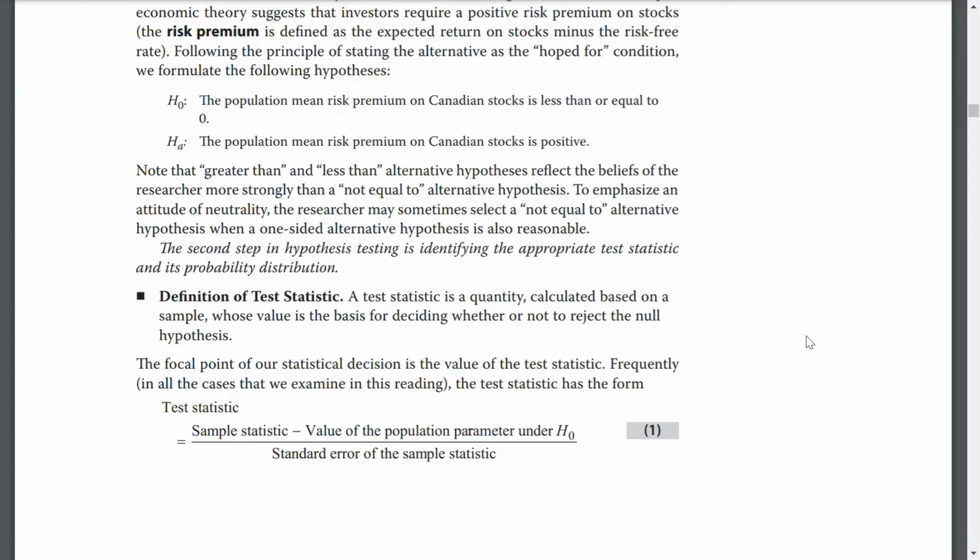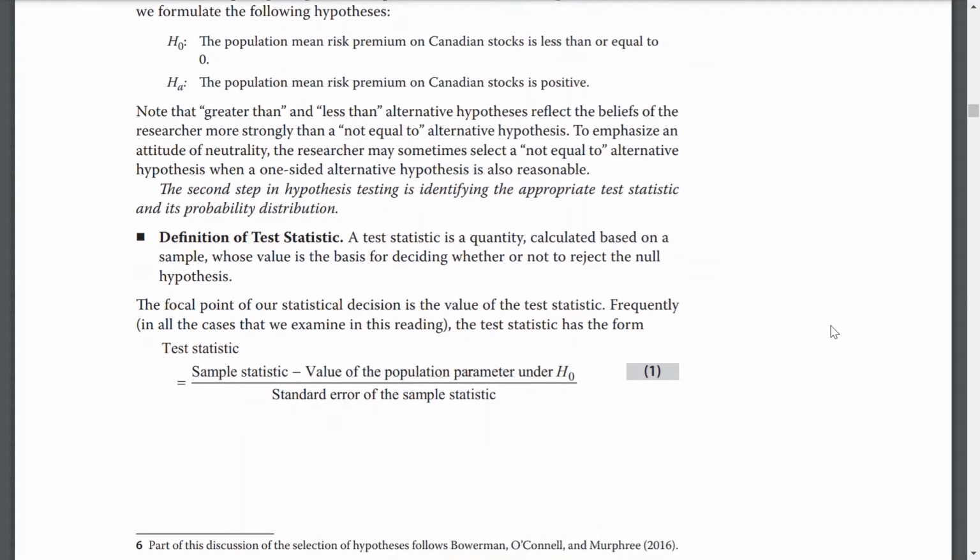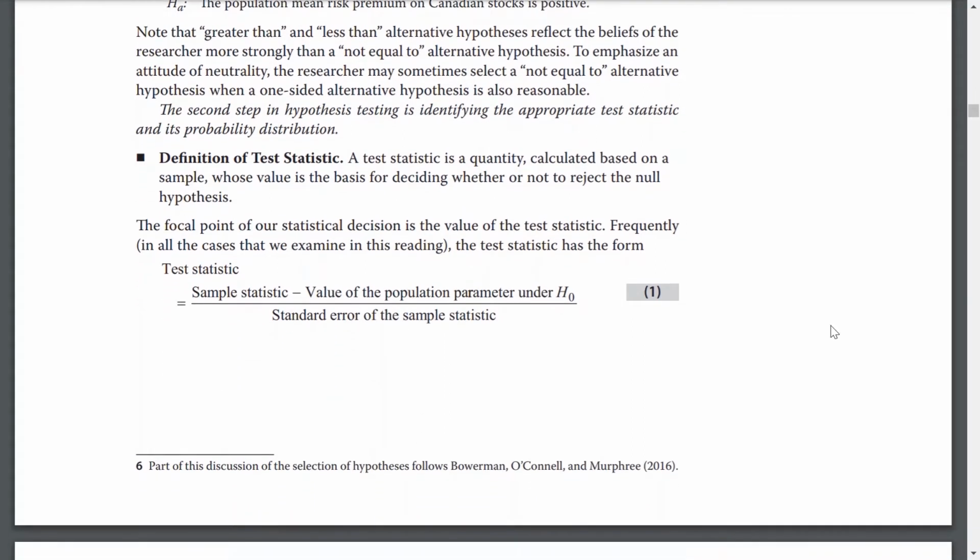The second step in hypothesis testing is identifying the appropriate test statistic and its probability distribution. Definition of test statistic: a test statistic is a quantity calculated based on a sample whose value is the basis for deciding whether or not to reject the null hypothesis. The focal point of our statistical decision is the value of the test statistic.